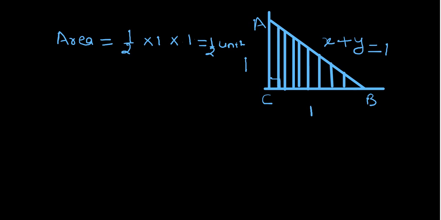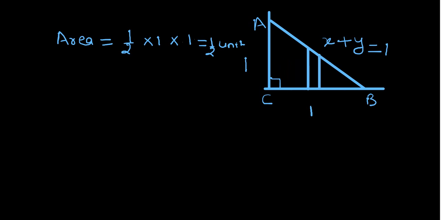If you keep adding the smaller rectangles and add the area of all the smaller rectangles, then it will form the whole area of the triangle. So this is how this basis works. Smaller rectangles keep on adding, and you will form the basis for the area under the curve.